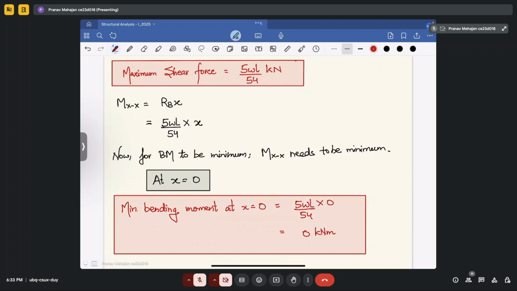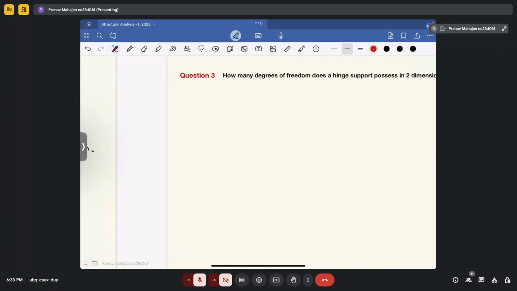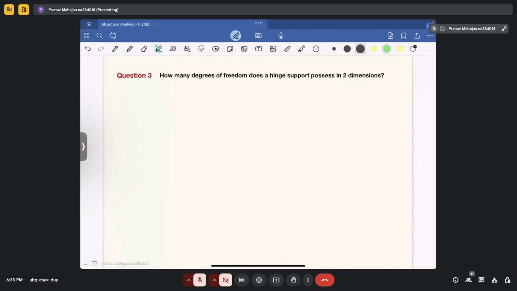Okay, let's continue to another question. Another question is: how many degrees of freedom does a hinge support possess in 2 dimensions? So how will you draw a hinge support? This is your hinge support. So in 2D, how many reactions are there?